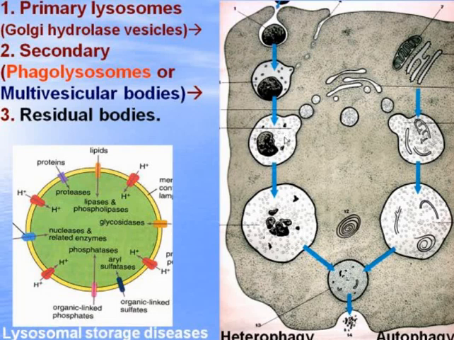And the enzymes of lysosome digest foreign particles, bacteria, or organelles. And remnants, non-digested particles, are released from the cell. If it's not possible, then they accumulate inside the cell as residual bodies, sometimes called tertiary lysosomes.